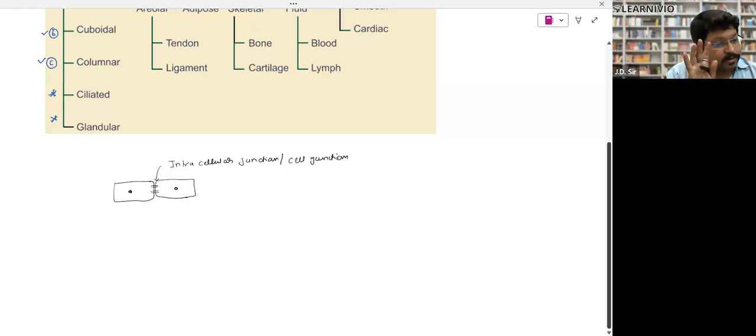Both are the same thing, but their function and structure are a bit different, not too much. Otherwise, they are similar structures, right? In the plant, we use the term plasmodesmata, but in the case of animals, we call them cellular junction or cell junction. Fine. Please note down this point.